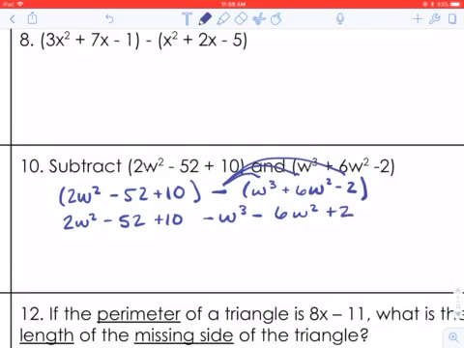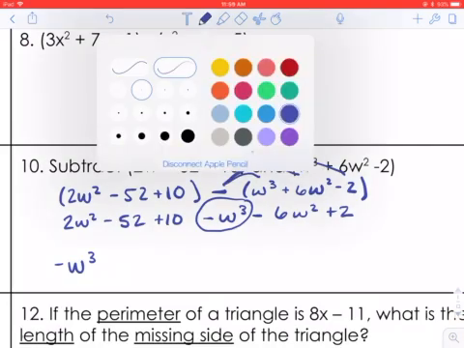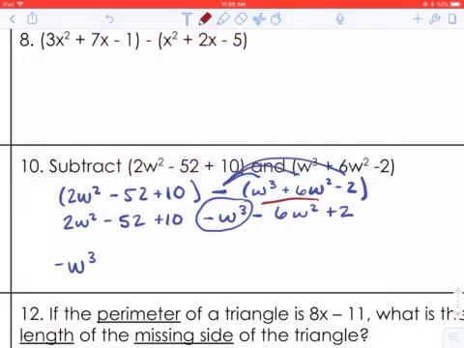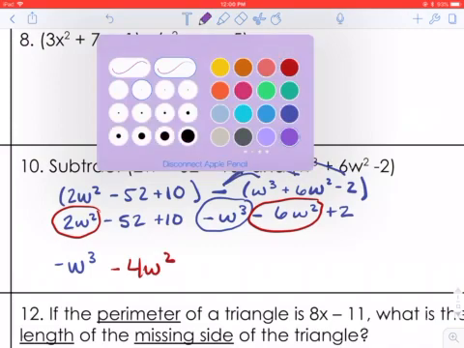Then we're just going to combine like terms. So my only cubed term is going to be a negative w. So I'm going to have negative w cubed. Then I'm going to find my squared term. So I've got a negative 6w squared, positive 2w squared, which is going to give us a negative 4w squared. And then I'm going to combine all of my constants.